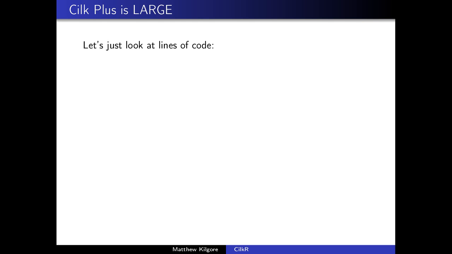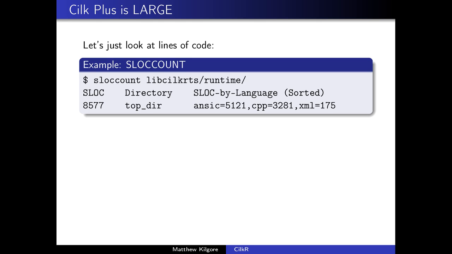First off, it is large, so let's just look at the lines of code. We ran SLOCCount on it, and we got this result: 5,100 lines of C code and about 3,300 lines of C++ code.